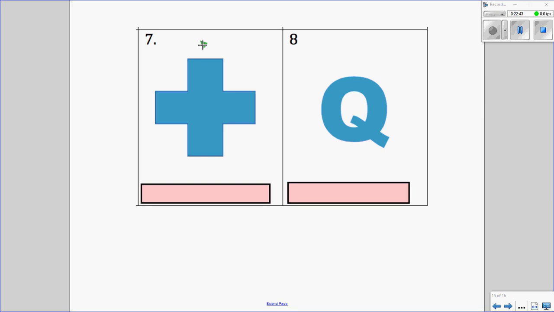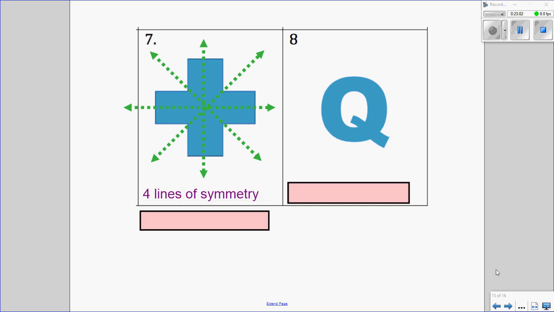I think most of you might have said 2. Let's see, we have the horizontal and the vertical. But if you said 4, you are correct. We can also do it over here, and then have another line right over here. So there's 4 lines of symmetry. And what about Q? Nope, nothing for Q.